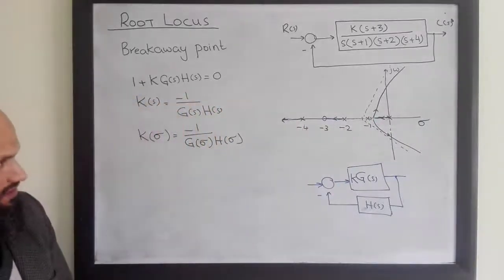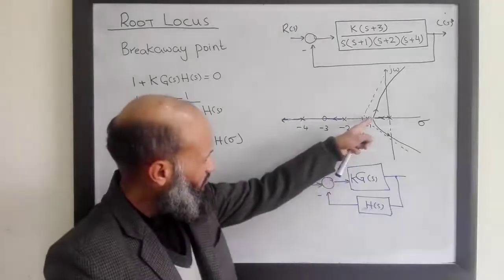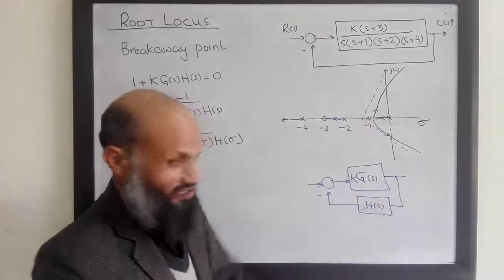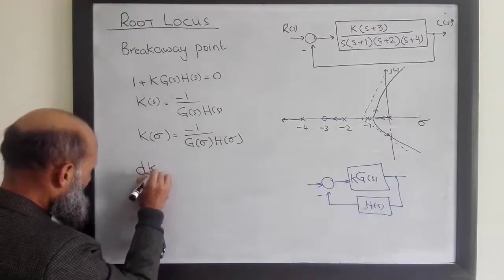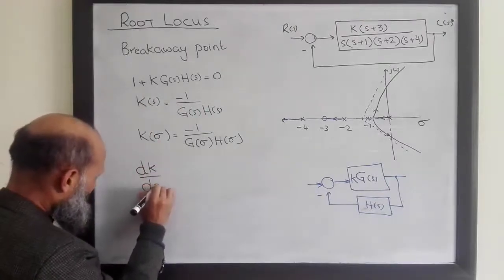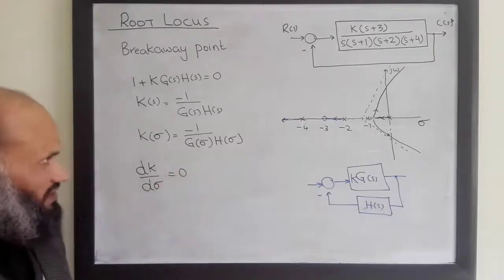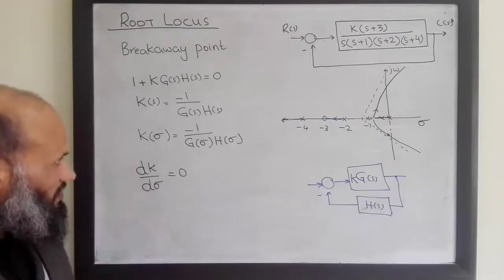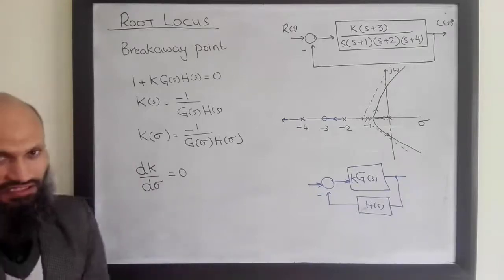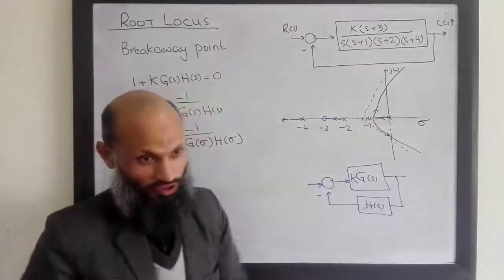So on the real axis, what is the point at which gain is maximum? Gain is maximum at this point, and you know that if we take the derivative of this gain with respect to sigma and set it equal to 0, it will give some points which will correspond to maximum gain. So that is the strategy to determine the gain corresponding to this point.